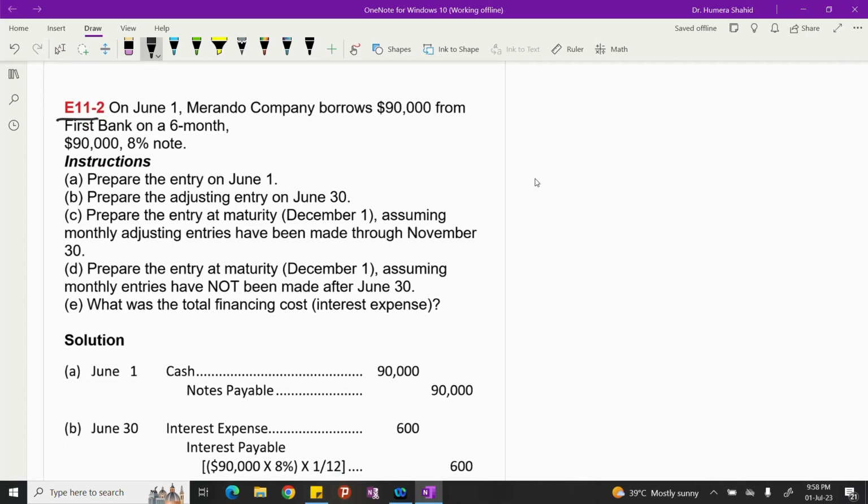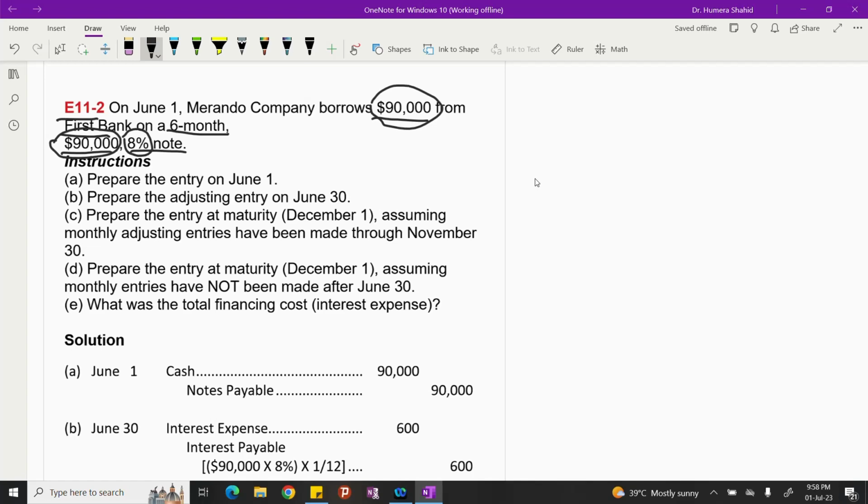Let's check it out. On June 1st, Berando Company borrows $90,000 from First Bank on a 6 months, so life is 6 months, $90,000, 8% note. So they borrowed this money, and the note amount was also this same. The rate of interest is 8%.